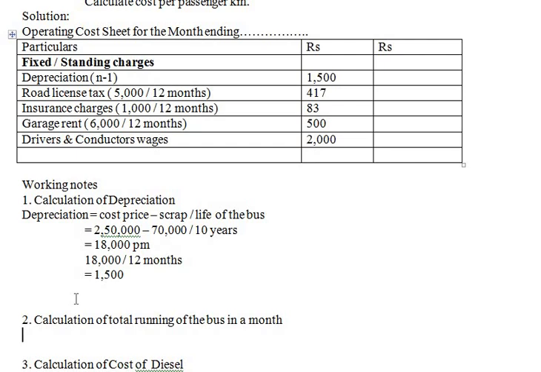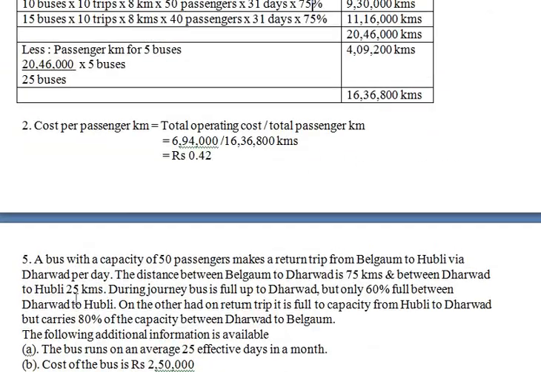Now go through the problem and find out per day how many kilometers the bus runs. A bus with a capacity of 50 passengers makes a return trip from Belgaum to Hubli via Dharwad per day. The distance between Belgaum to Dharwad is 75 kilometers and between Dharwad to Hubli is 25 kilometers.